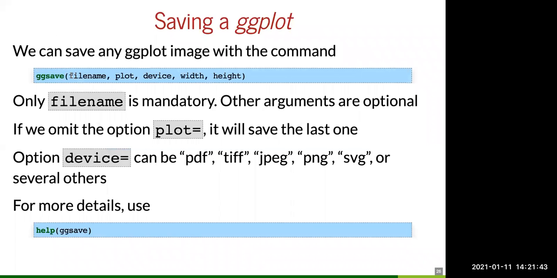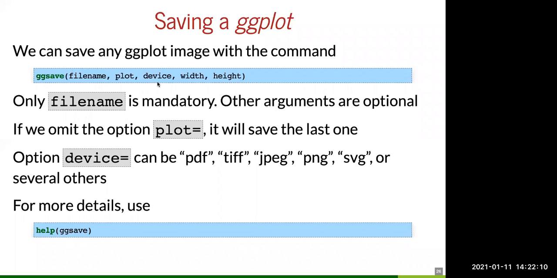In ggsave, you have to say the file name, the plot that you stored before, and the device. Device can be PDF, TIFF, JPEG, PNG, whatever you like. Then you can tell the size, the width and the height of the picture. The only one that you have to say is the file name.